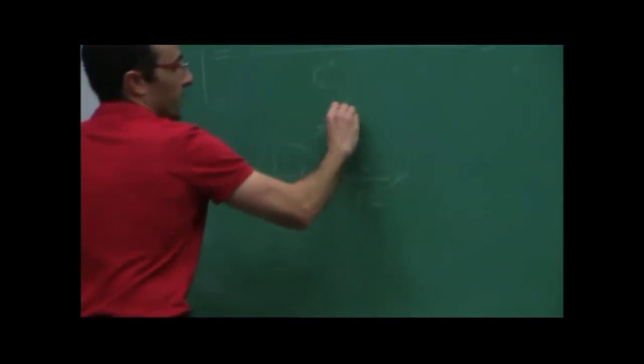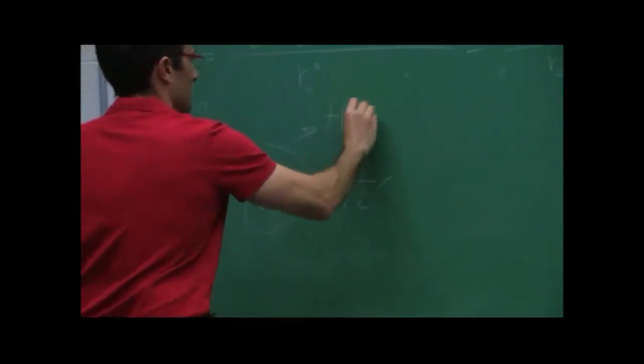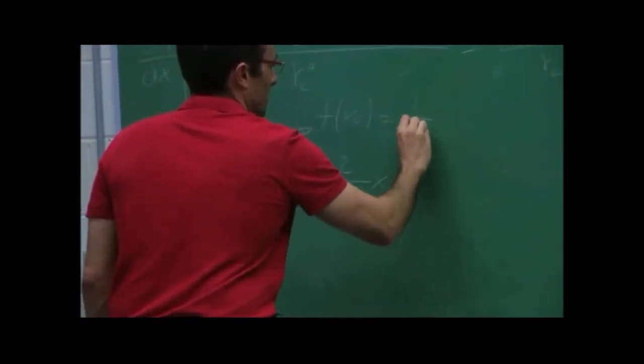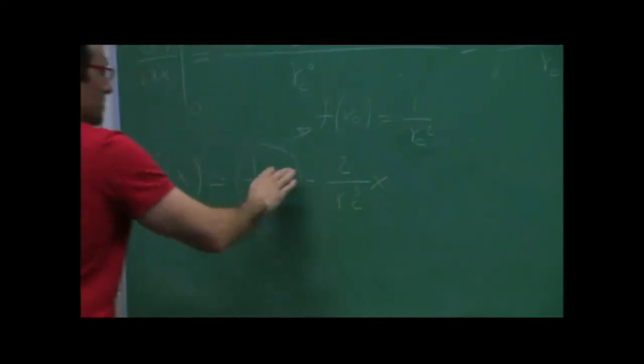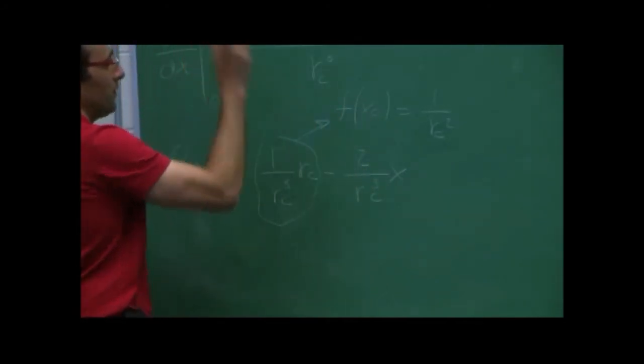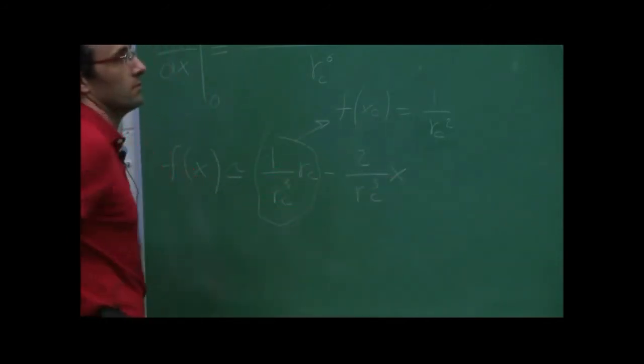This is just another way of rewriting that, just because it's convenient for me for the next step. So this is just rewriting f, what did I call it there? F in x0, right? 1 over RC squared. I just multiply top and bottom with an additional RC. So this is f, the function at the point of linearization, plus the derivative of the function times x.